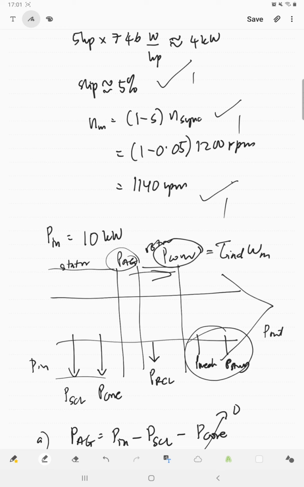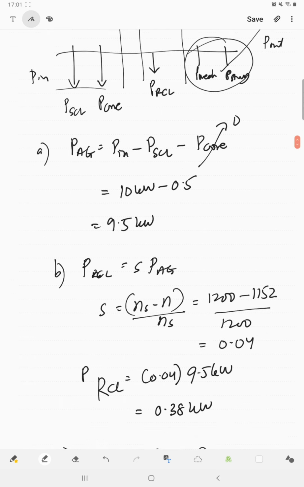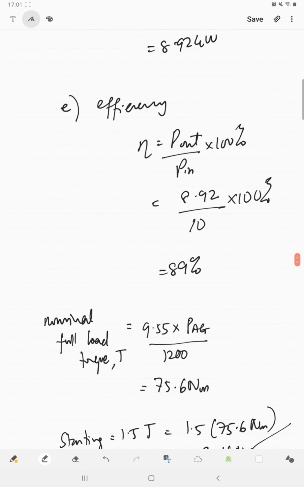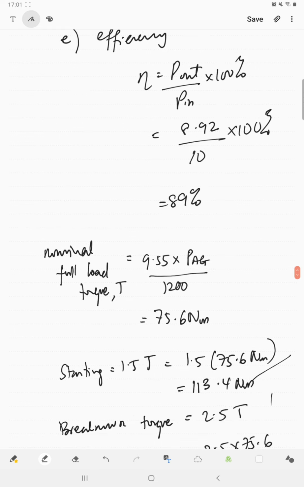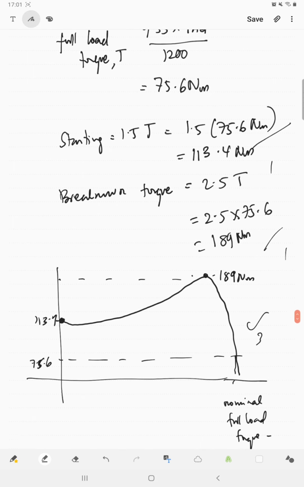Sometimes it's 1.5%, sometimes 2%, sometimes it's assumed 0. All of the assumptions must be stated for you to calculate the output power. As long as you understand the power flow diagram and how to execute it, I think there is no problem with the rest of the calculation.